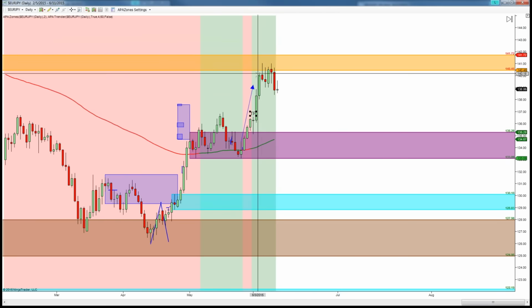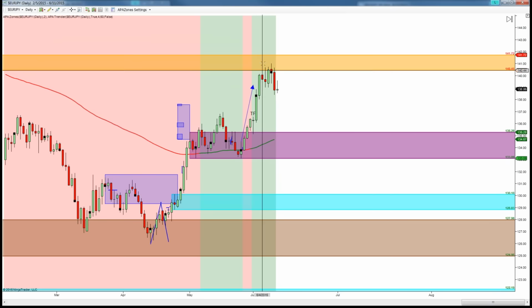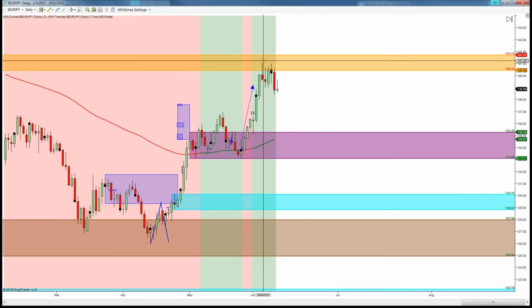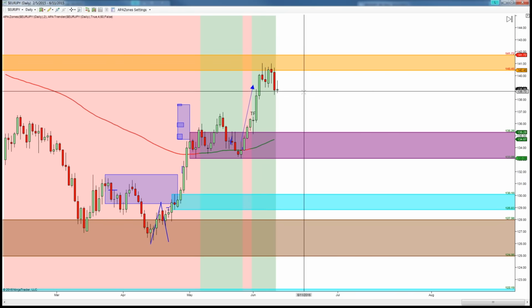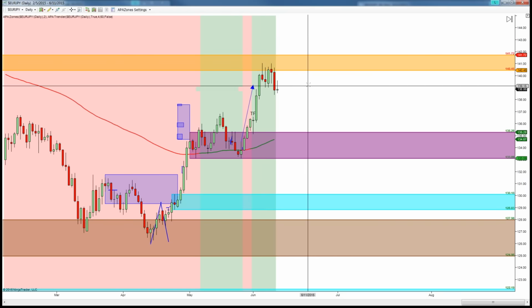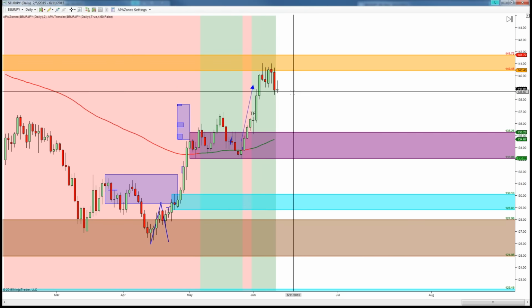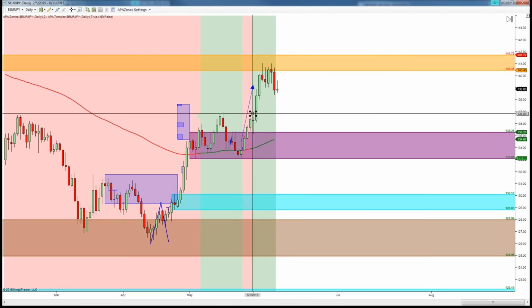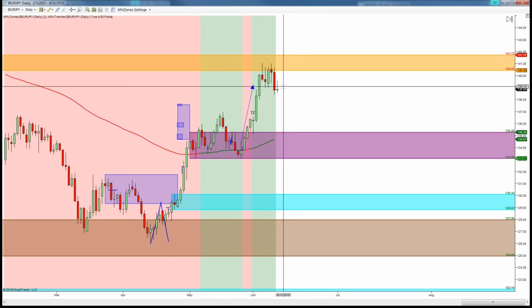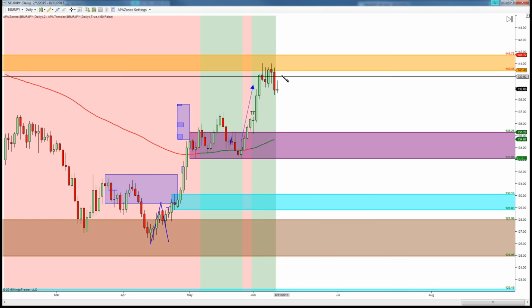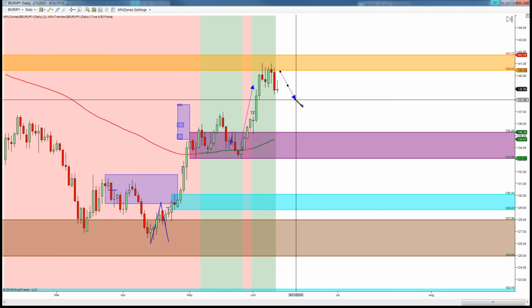However, it hasn't taken out that green bar since touching the daily zone, so I think that is of interest there. I would say that there's no reason to think that the trend is to the downside. So I'm just going to keep the TF right where it is, and a counter trend play would be that short type of play here.